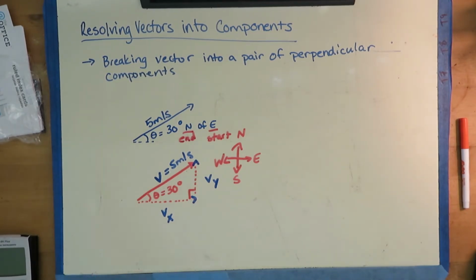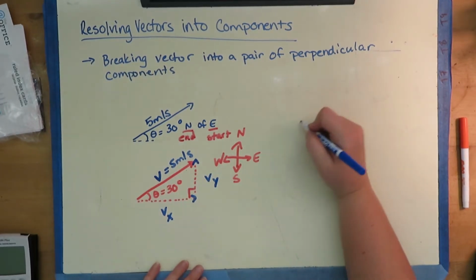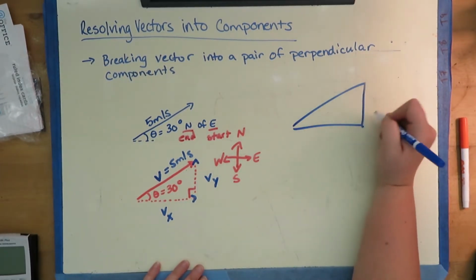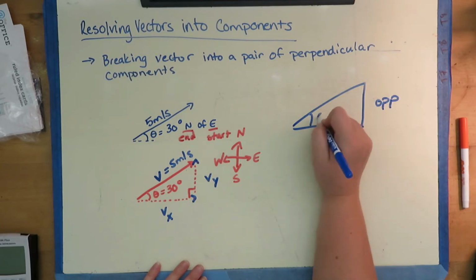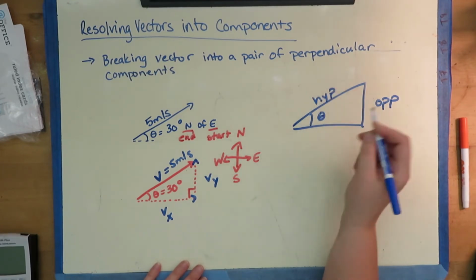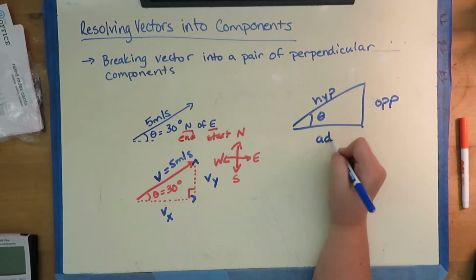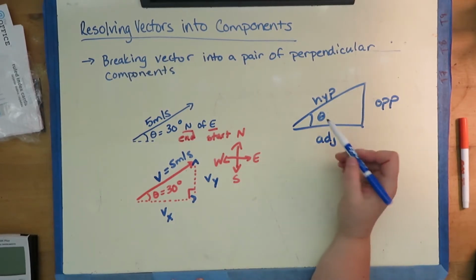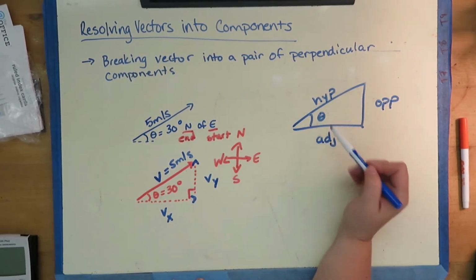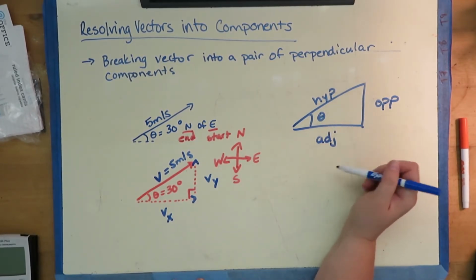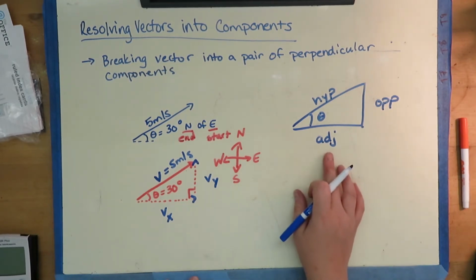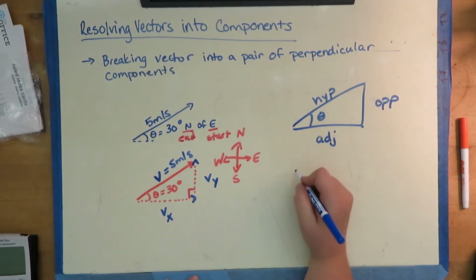Now, if I wanted to calculate and find these component vectors, I can use my trig functions. Remember that with your trig functions, you have the opposite side, you have your hypotenuse, and you have your adjacent side. If I know my hypotenuse and my angle, I can find my adjacent and opposite sides. Adjacent I could find using cosine.